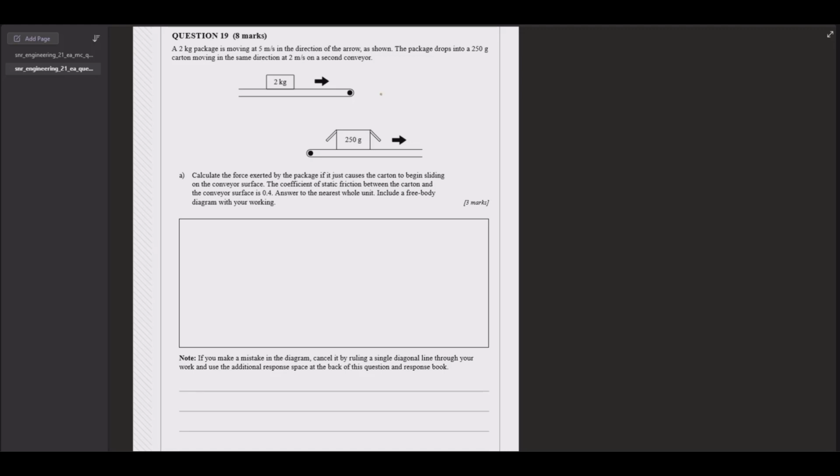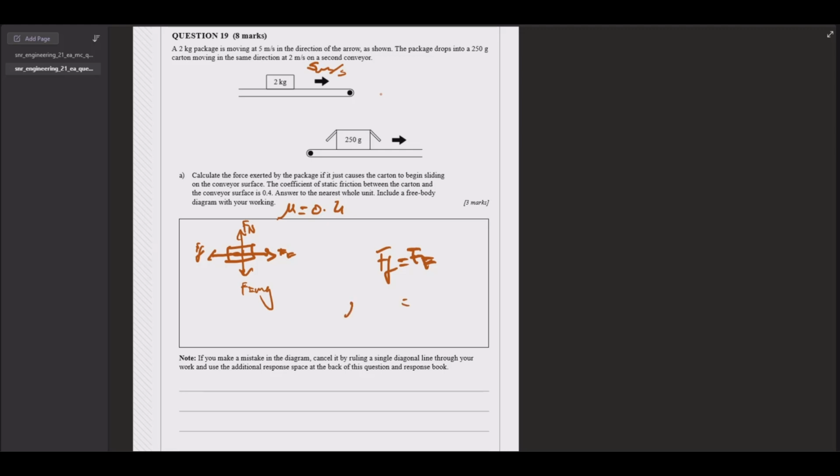Let's start labeling. 5 meters per second. So, mu is 0.4. So, we want friction force to equal the final force. Not final force, just arbitrary force pointing this direction.